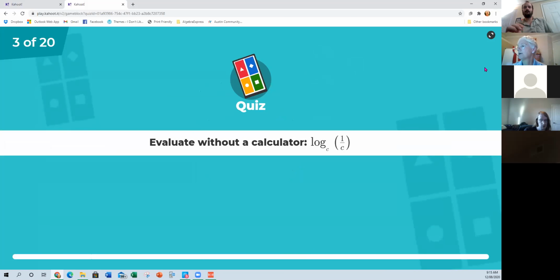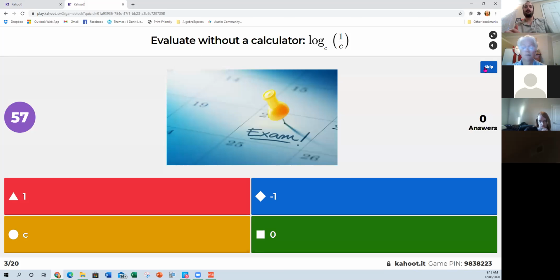Evaluate this without using a calculator. Well, as if you could use a calculator.